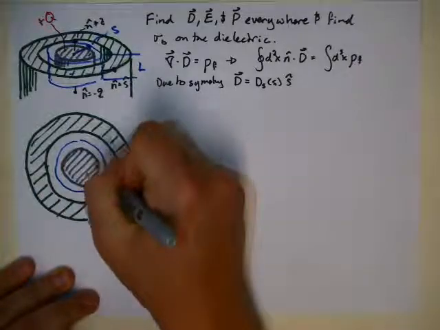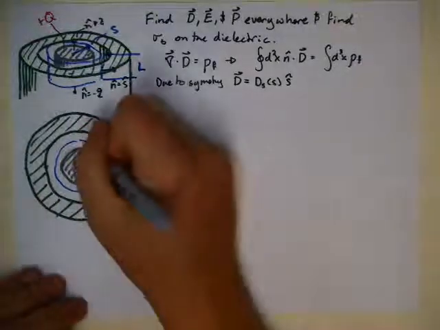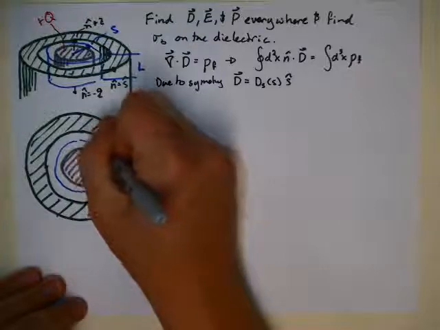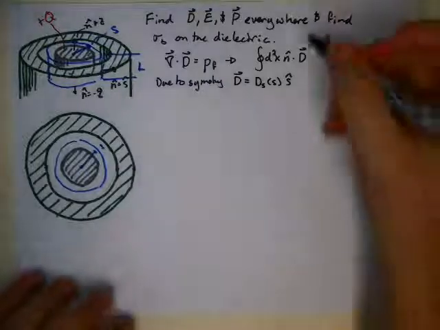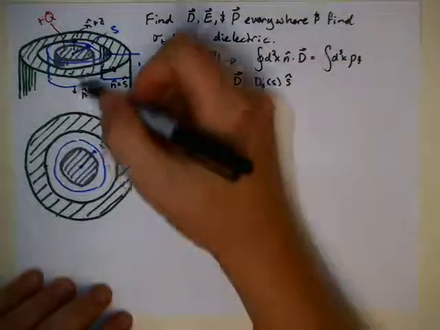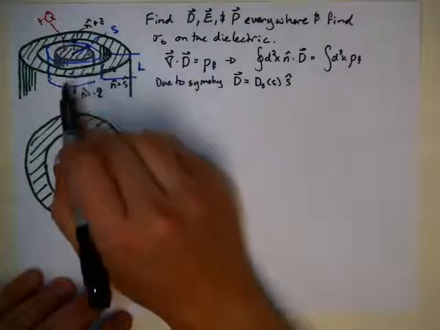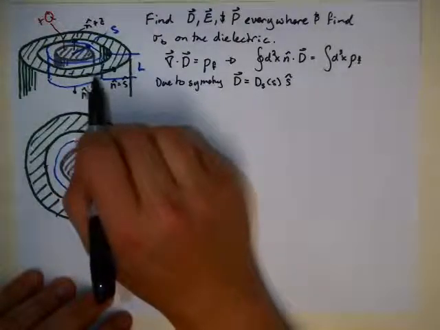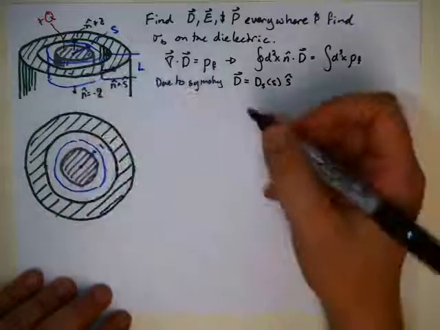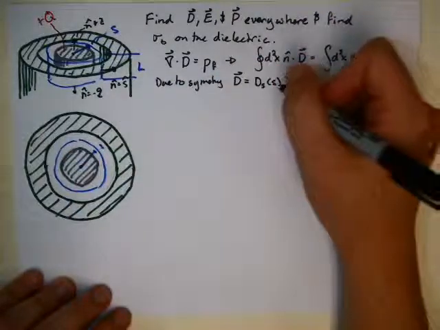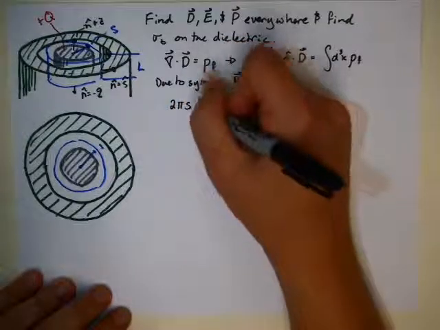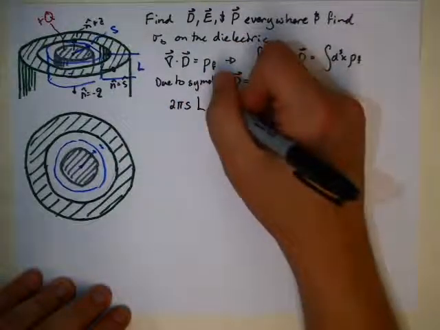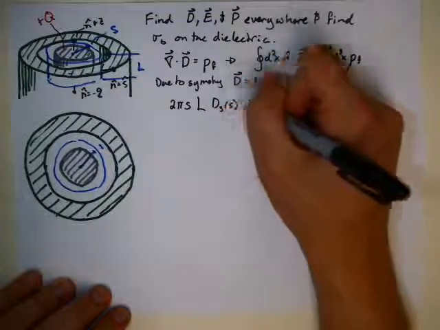Here's my Gaussian surface in this picture, and this distance here is s. Because of that symmetry, n hat dot D on the top and bottom is of course 0, so I simply have the flux through the side. The surface area of the side is its circumference times the length, 2 pi s times L, times D as a function of s.